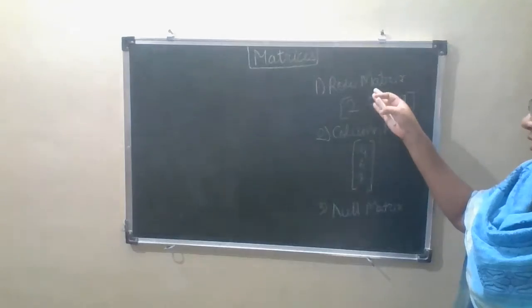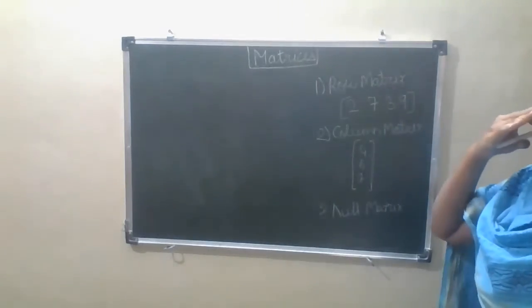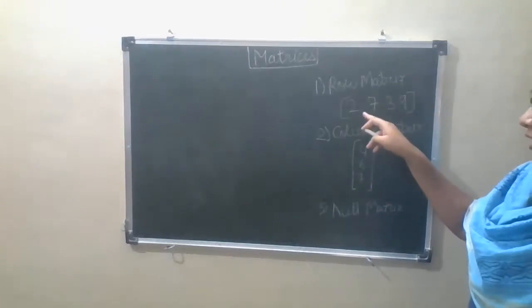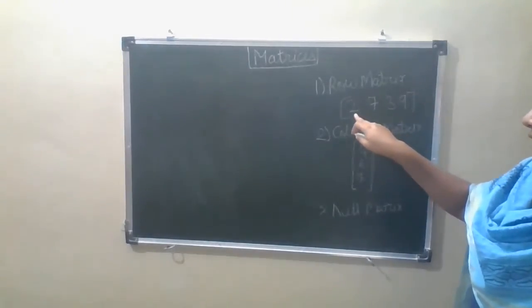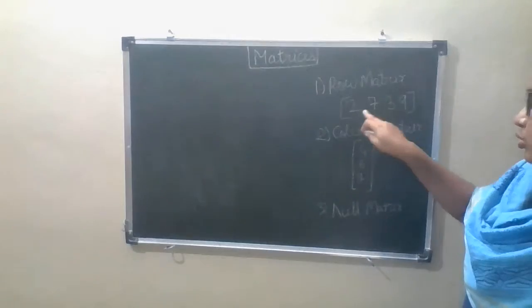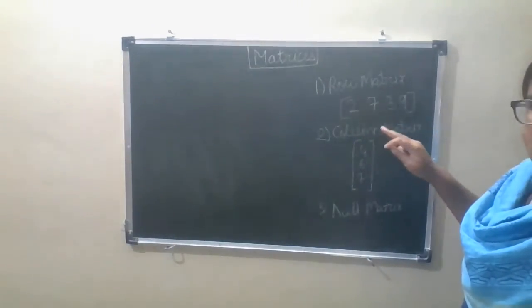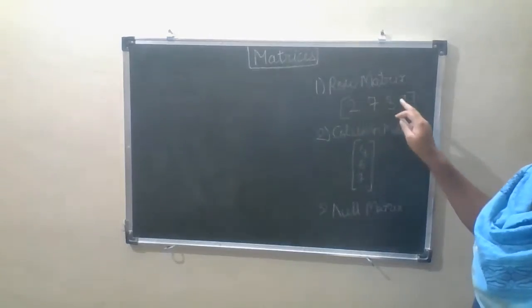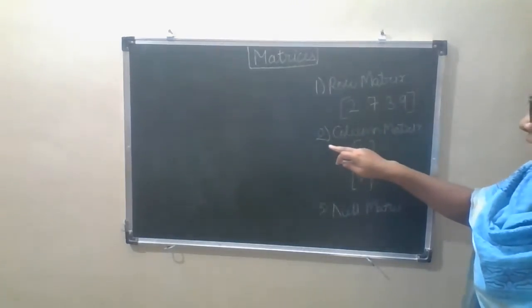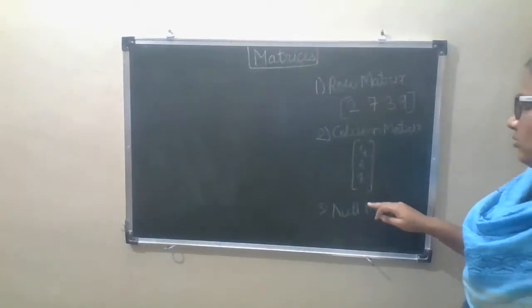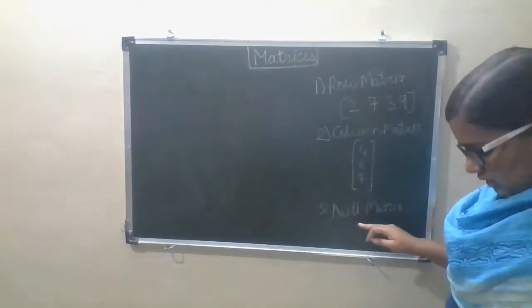This is a row matrix. You know that the row is like this. The elements of the first row are 2, 7, 3, 9, whatever it may be, but it is a row matrix. This is a column matrix, and this is a null matrix.